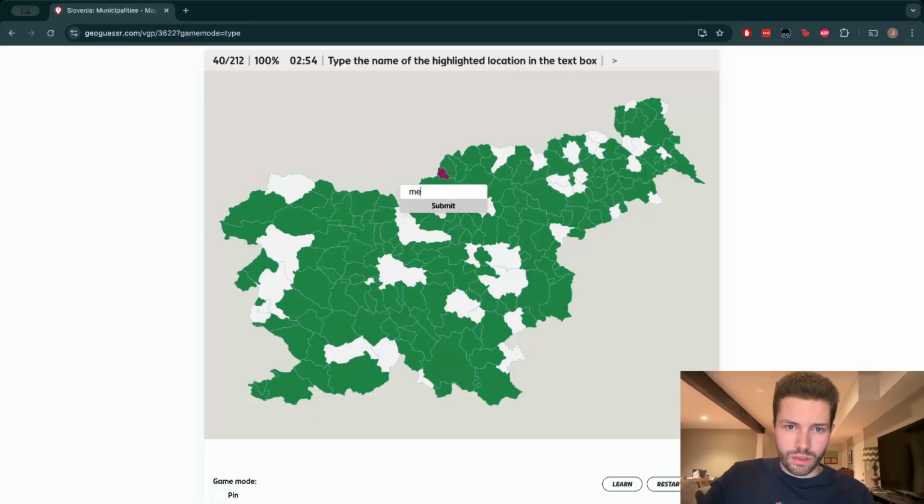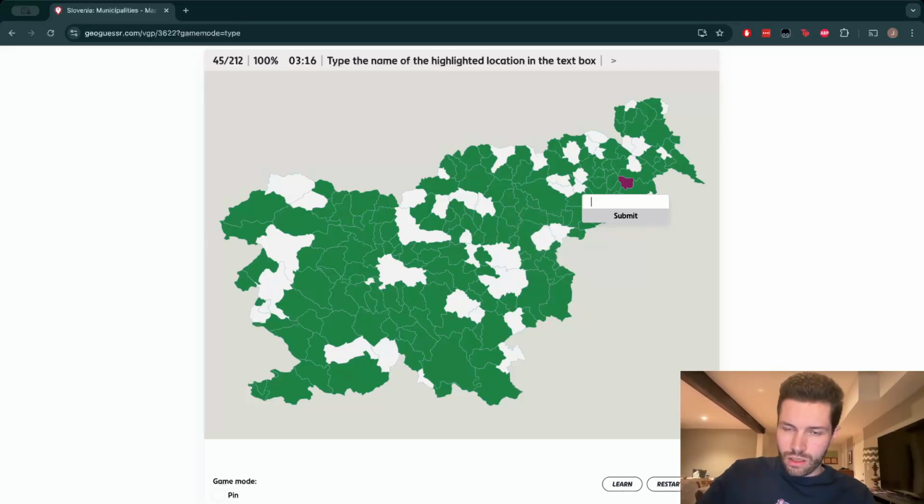This would be Mežica. That has a name, Šoštanj. This would be not Bohinj, what is that called? Gorje. This is Tabor. This is Šmarje pri Jelšach. Sveti Tomáš. Polzela. That is Dobrna.